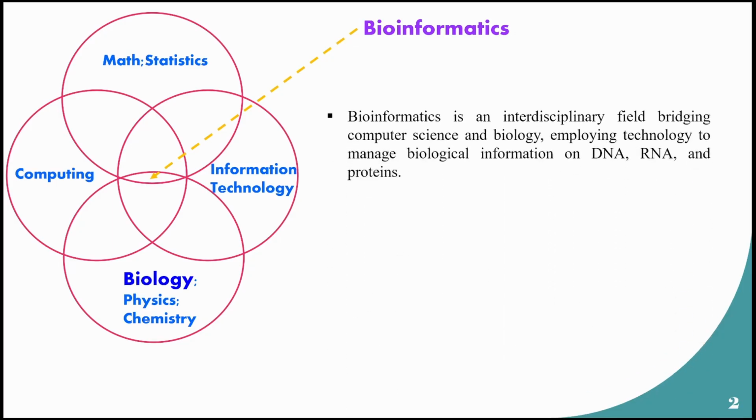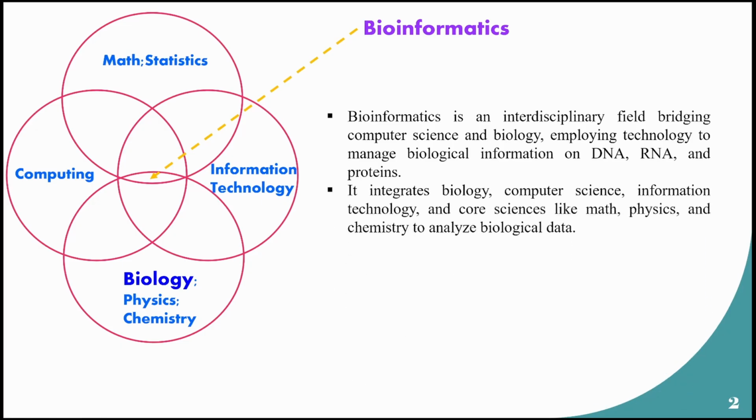So if you just talk about it in some terms, it is basically an interdisciplinary field which bridges computer science and biology for managing biological information, for example, such as DNA, RNA, and protein-based information. So biology, computer science, information technology, core sciences, all of those are needed. All of those are combined together to analyze the data, and that is overall the broad field of bioinformatics.